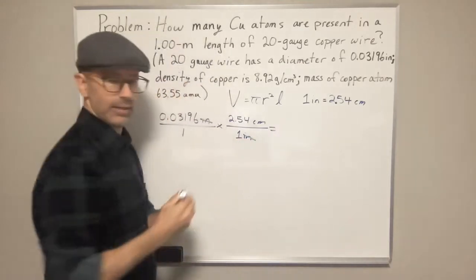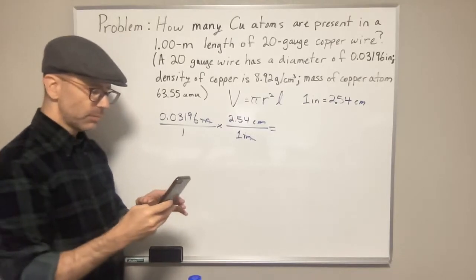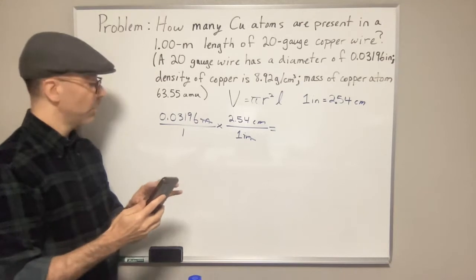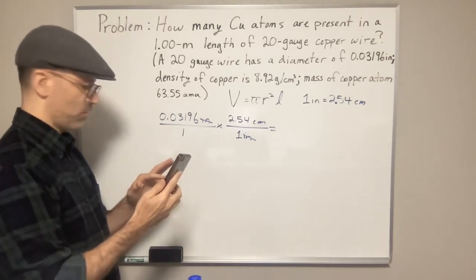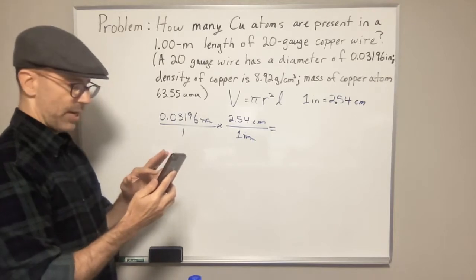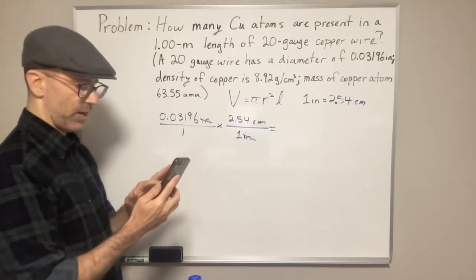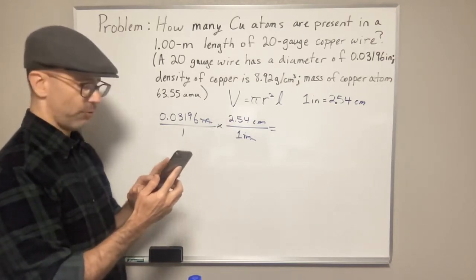And what do we get? Let's use our calculator. Here we go. We're going to take 0.03196 divided by 1, but we don't need to divide it by 1, and we're going to multiply it by 2.54.